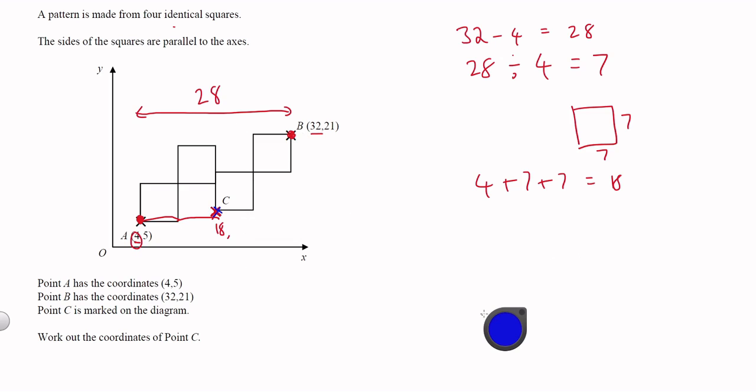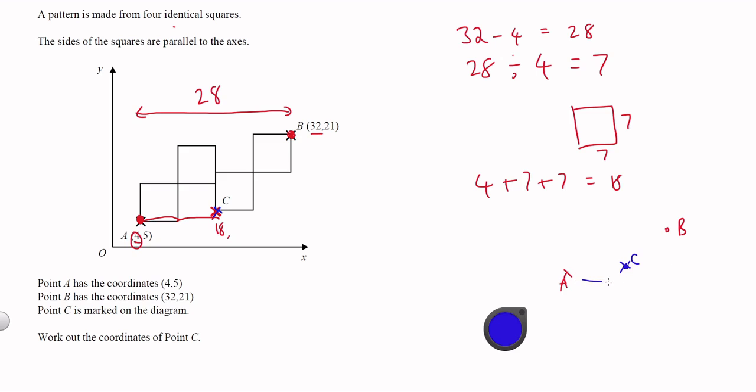What I mean by that is this, I'll show you. Here's A, here's B, and C, it's not even halfway, it's sort of here. That's where C is.